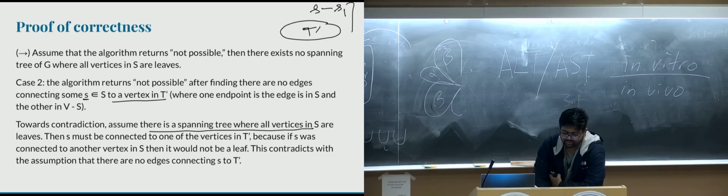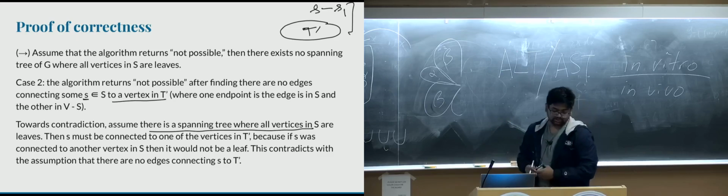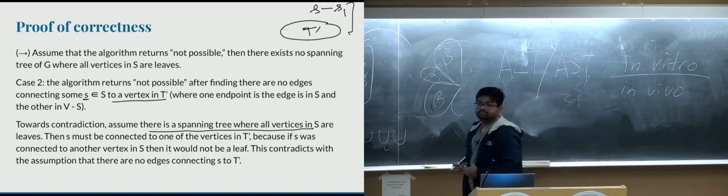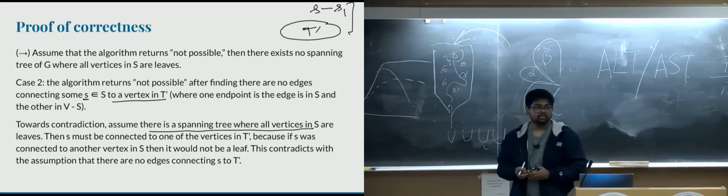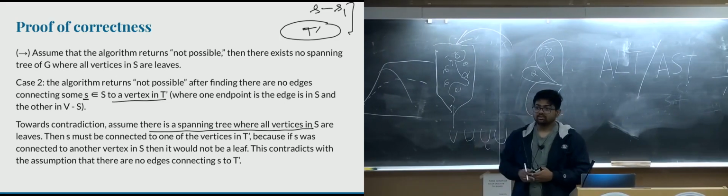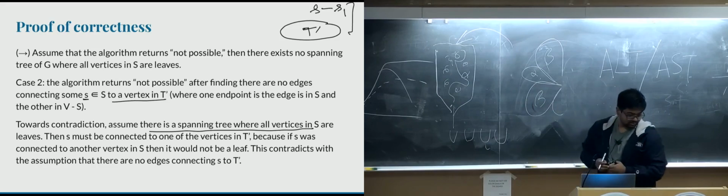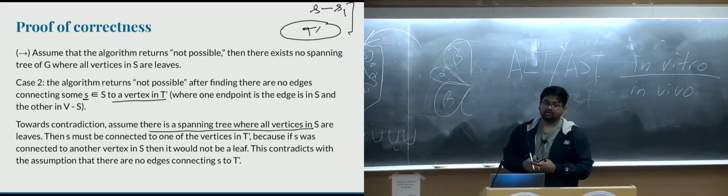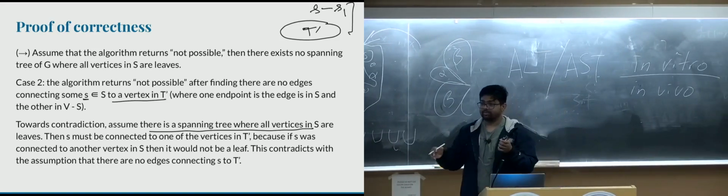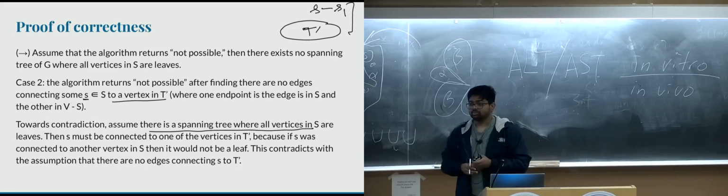Exactly what I said here, that it has to be connected to T prime and not a vertex in set S, otherwise it won't be a leaf anymore. And this contradicts the assumption that there are no edges connecting to T prime. Is it clear, or do you need more justification for this? So that's why if we are not able to connect S to T prime, then it's not possible to create such an MST.